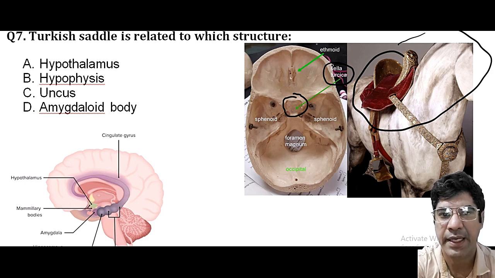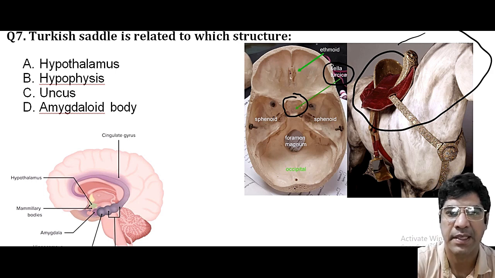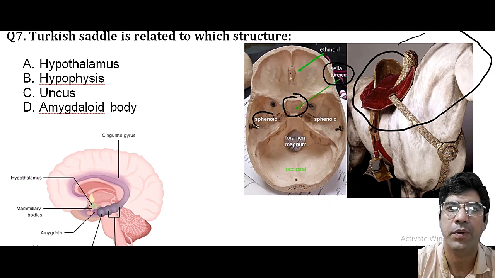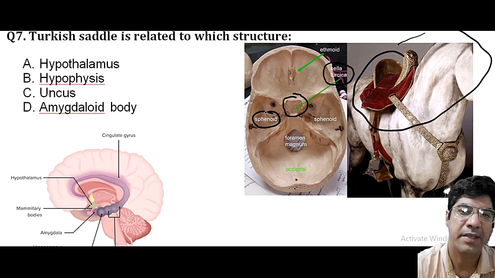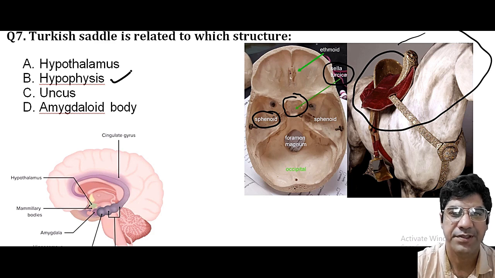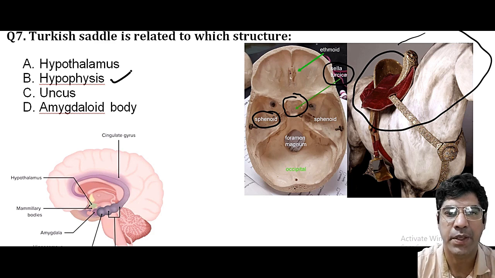So sella turcica, it is a saddle-shaped depression that is present within the sphenoid bone. Which bone? Sphenoid bone. And its deepest part is known as hypophyseal fossa. So answer is hypophysis. This fossa will house the pituitary gland, that is also known as hypophysis.